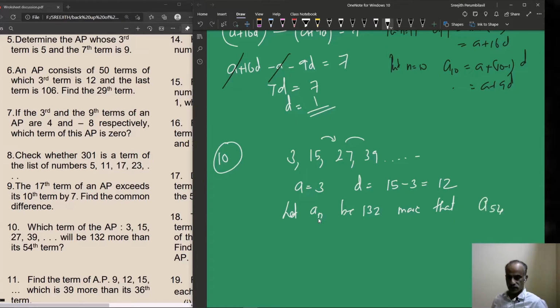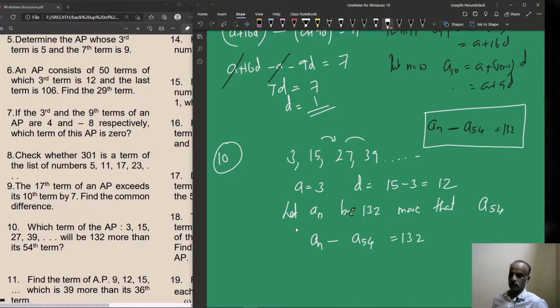Just as Arun's mark is 132 more than Martin's mark, the difference between An and A54 is 132. It's an important question. So An minus A54 is equal to 132.